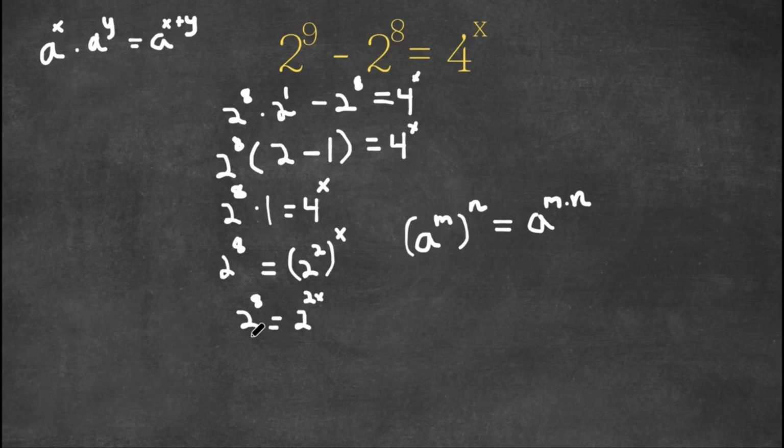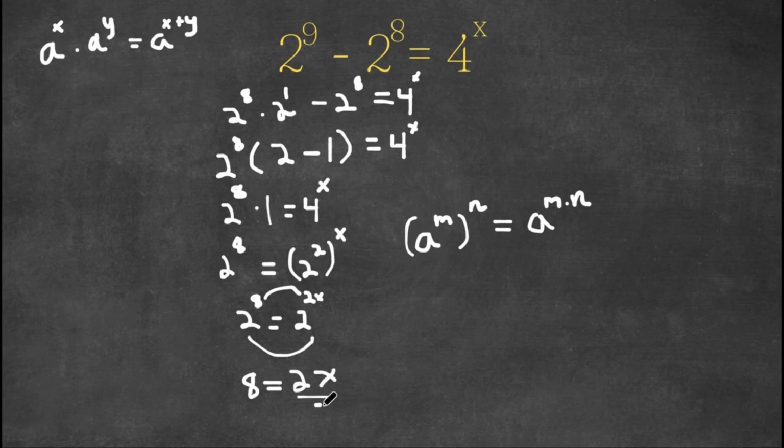Now, because we have the same bases, that must mean our exponents must be the same as well, because this equation would not be true if these exponents are different, meaning that 8 equals 2x. And now, as you can see, we have a simple equation, and we just want to solve for x.